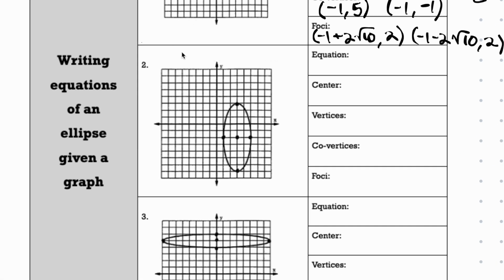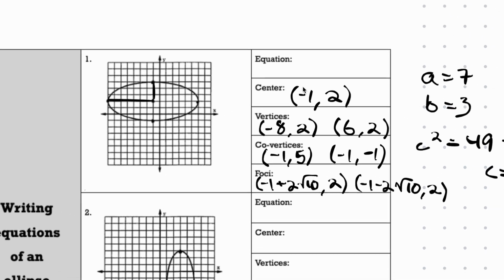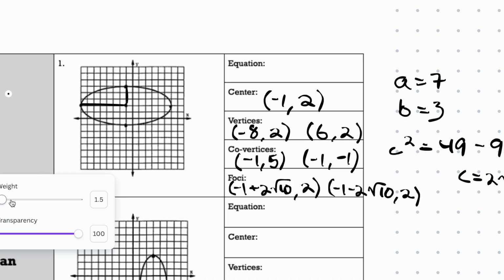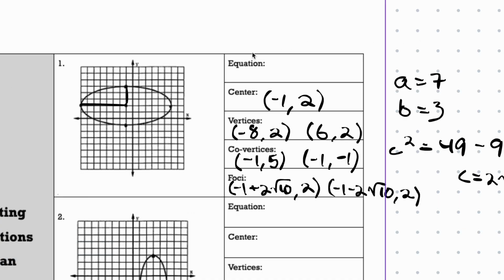Our equation in this next one. Oh, we forgot to do our equation up here. I'm going to make the font a little bit smaller. So here we have a center that's not the origin, so we're going to have to horizontally and vertically shift.